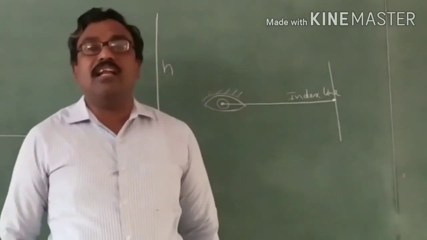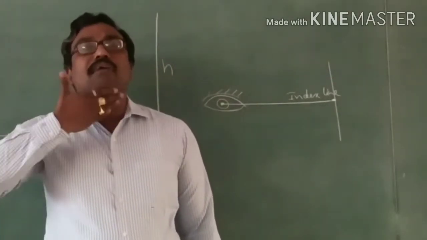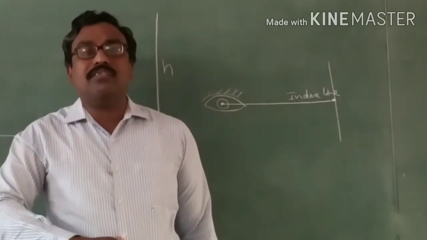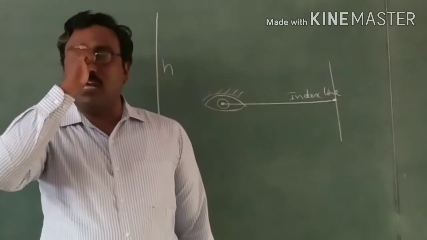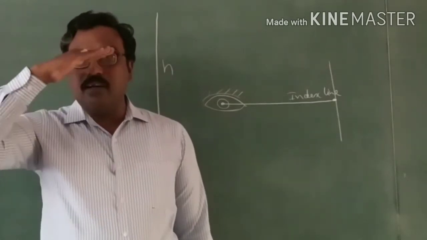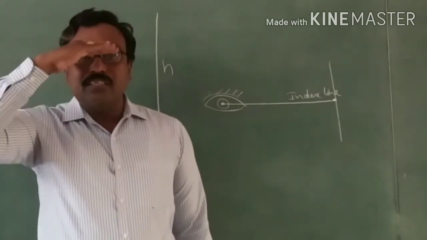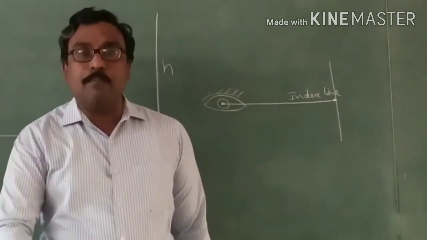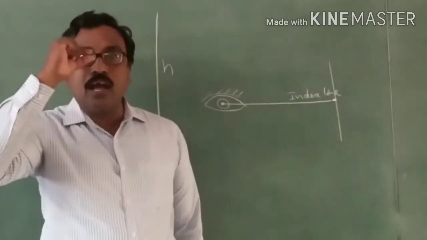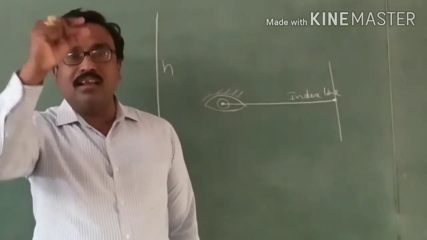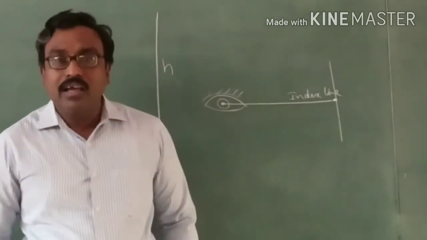If I am standing like this and looking, my chin should be parallel to the base and my eyes look straight. In a horizontal, straight line position, this line should be parallel to the base. This imaginary line that I am observing along is called the index line.